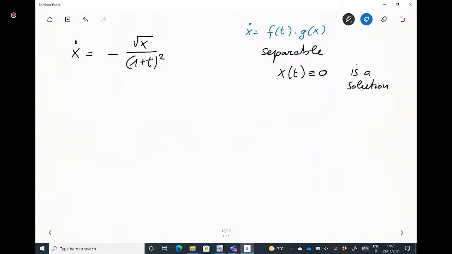Once we identify the so-called zeros of the expression g of x, we can divide both sides. In this case, we can separate the variables.